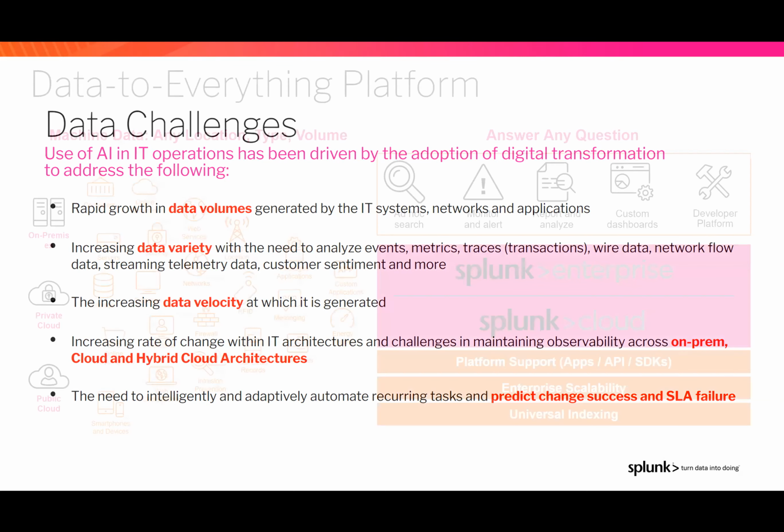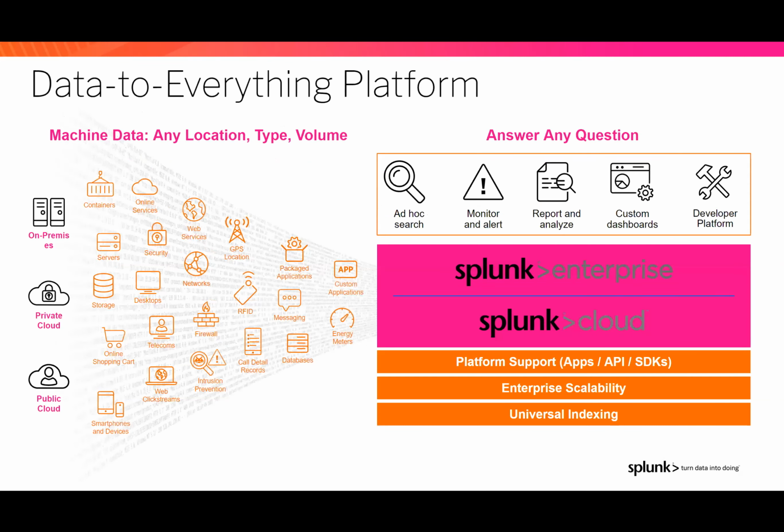Splunk is built as a core big data platform to address this issue. So this is how we are positioning Splunk as a core engine that will help any organization that has multiple data sources from any location, any type, any volume, and consolidate them in one place.